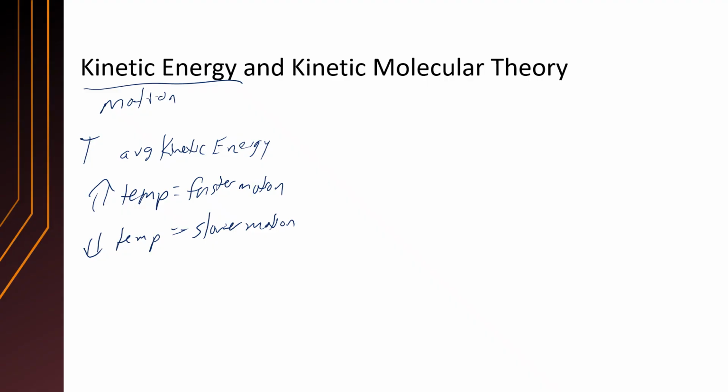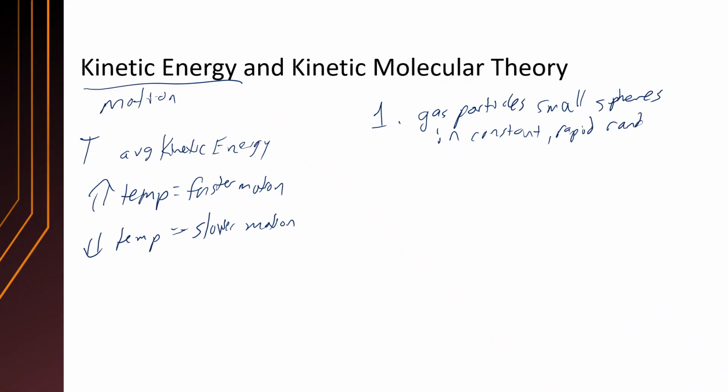So there are three components to the kinetic molecular theory for gases. The first assumption we can make for kinetic molecular theory is that gas particles are small hard spheres in constant, rapid, random motion.